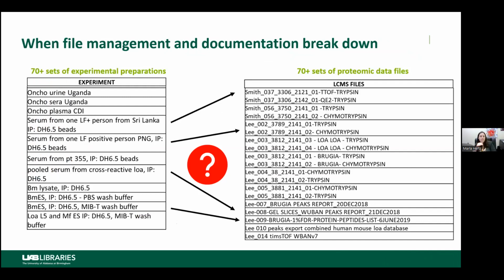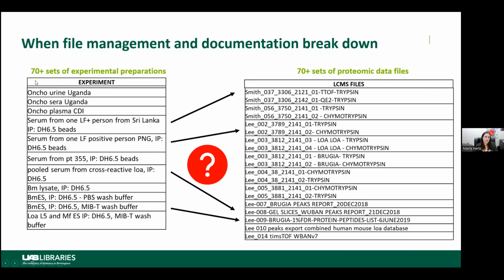So I'll give you another personal example where we had a breakdown of file management and documentation. The parasitology lab that I worked at was great with clinical data, but we were new to the proteomics field and the group made an error that was actually really costly in terms of time.